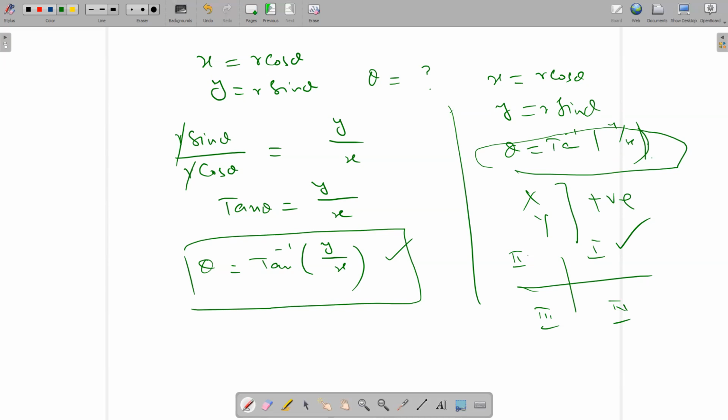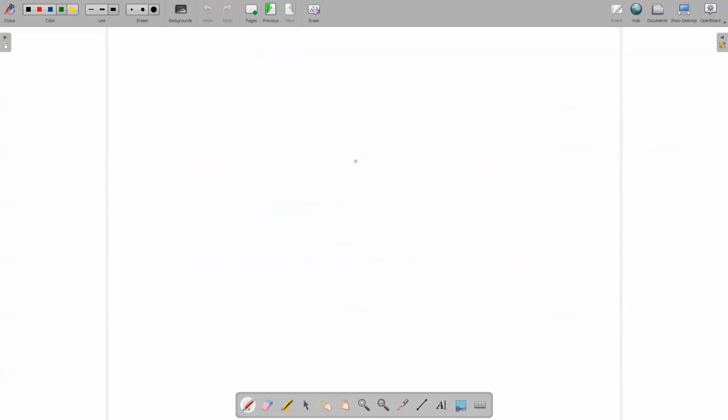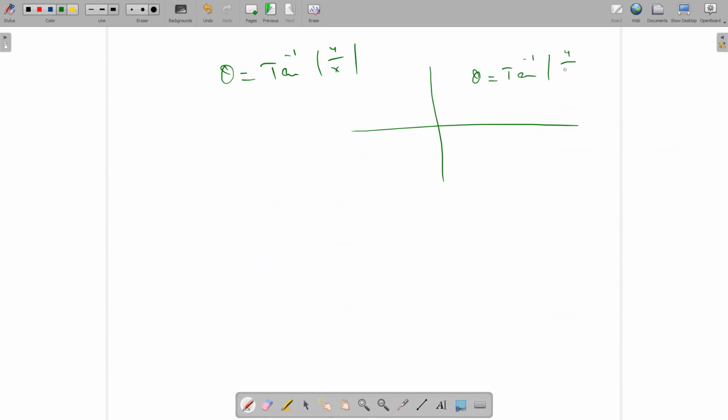This is the first quadrant, this is the second quadrant, this is the third quadrant, this is the fourth quadrant. Now I want to discuss these quadrants because this is very important. So theta is equal to tan inverse of y over x. If x is positive and y is positive, we will apply this formula. This is in the first quadrant.